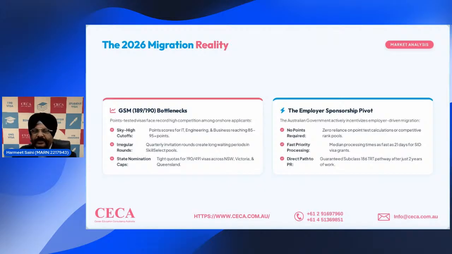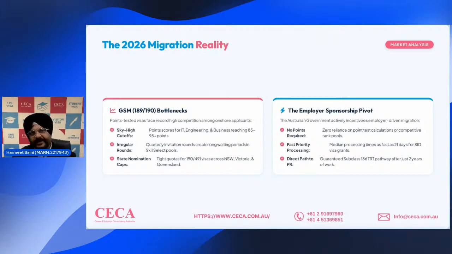If we talk about invitation rounds, quarterly invitation rounds are held for general skilled migration, and they create a long waiting period in the SkillSelect pool. You have to wait for the invitation, and only when you get the invitation are you eligible to apply for these visas.